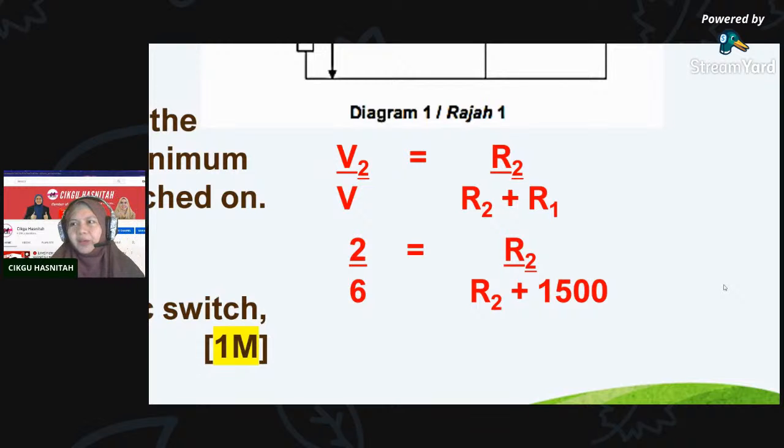I give you a few seconds to find R2. If you have found the answer, please share with your friends. Anyone? Are you done? Okay, let us check the answer together.